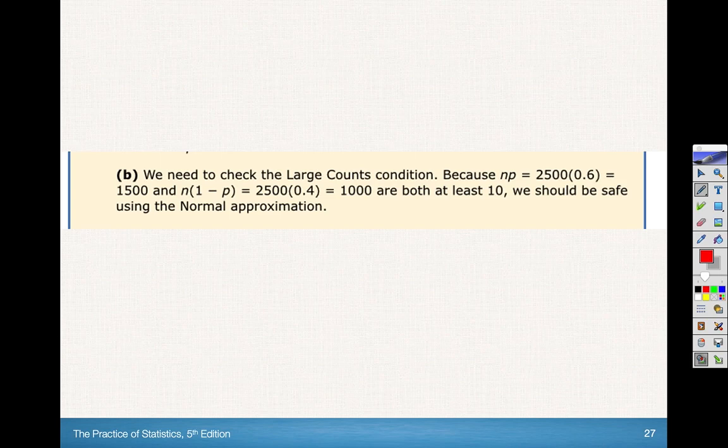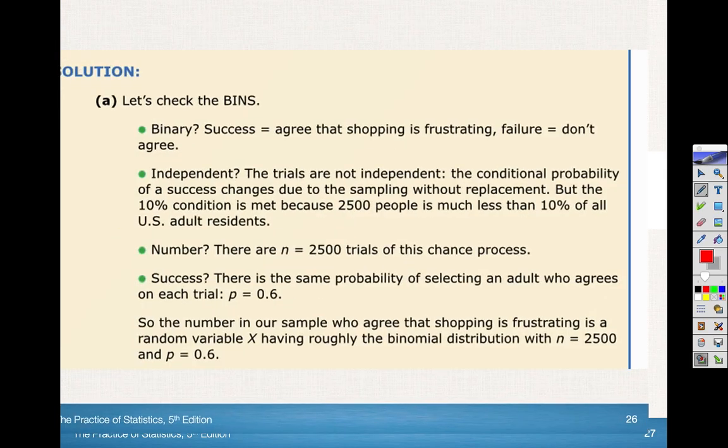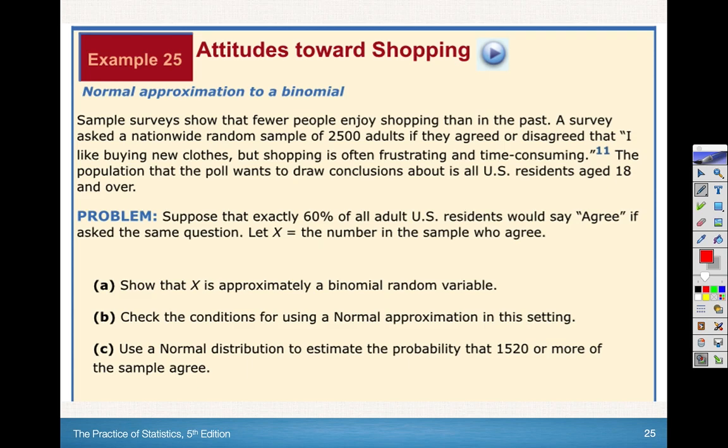So yes, is it a binomial random variable? Absolutely. But are we going to use a normal distribution, meaning a continuous distribution, to approximate a discrete random variable? We are. Why? Because it's much easier to use normal calculations. In the statistics world, whenever something can be normal, you try.